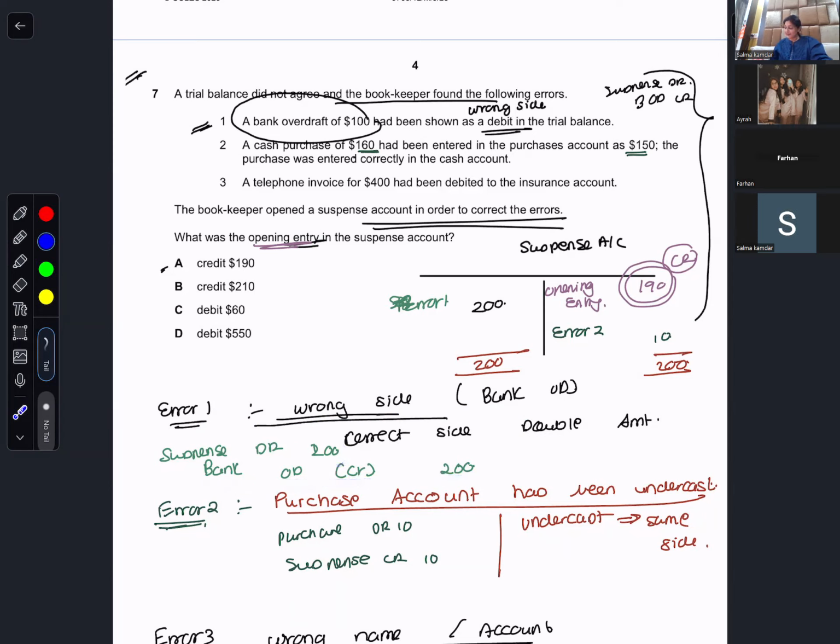So the rectification is that on the debit of the suspense account, you will write 200. Are you with me? Because it is suspense debit 200, bank overdraft 200. So on the debit of the suspense account, you will write 200 because of your error one.